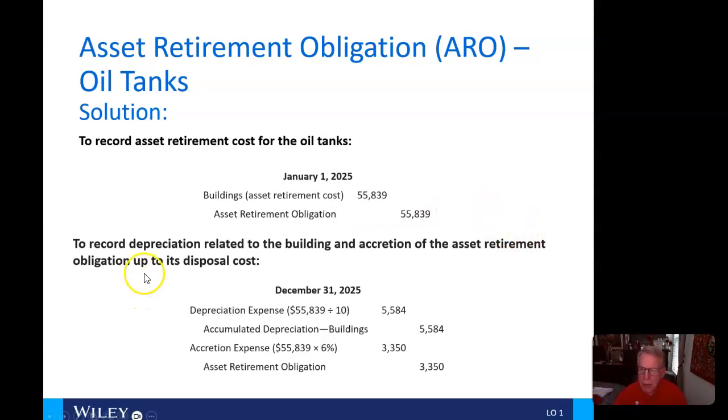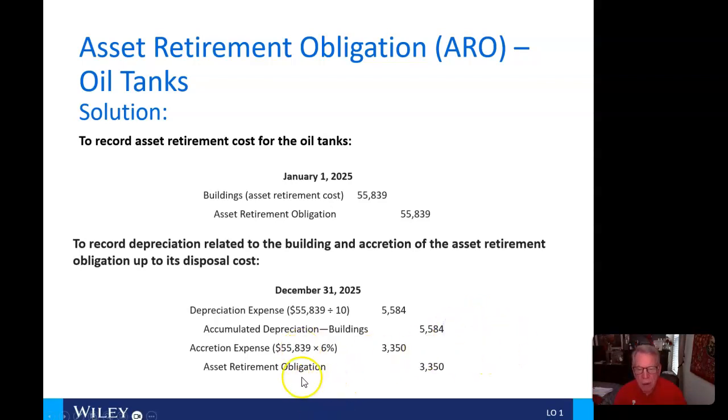Then to record the depreciation of the building and accretion of the asset retirement obligation up to its disposal cost, here we take the $55,839 divided by the 10 years. We get $5,584 of depreciation expense with the same amount for accumulated depreciation, buildings.